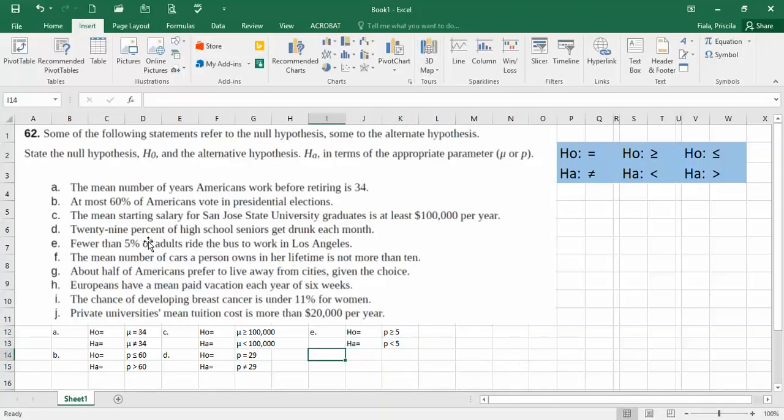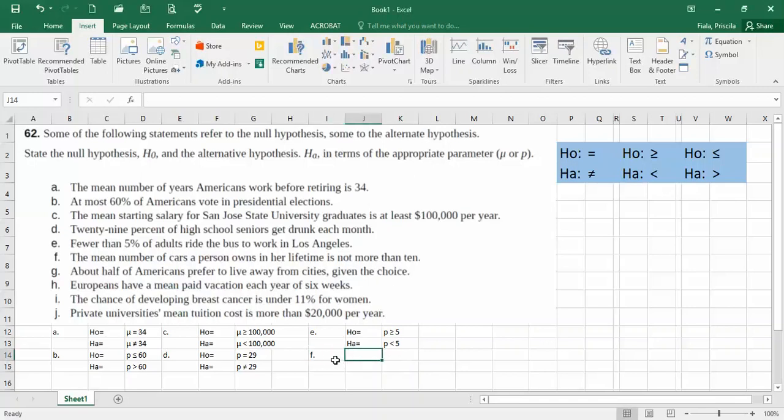Next, F, the mean number of cars a person owns in her lifetime is not more than 10. We know we're dealing with a mean. So not more than 10, it's less, correct? But that includes 10, because not more than 10 includes 10.